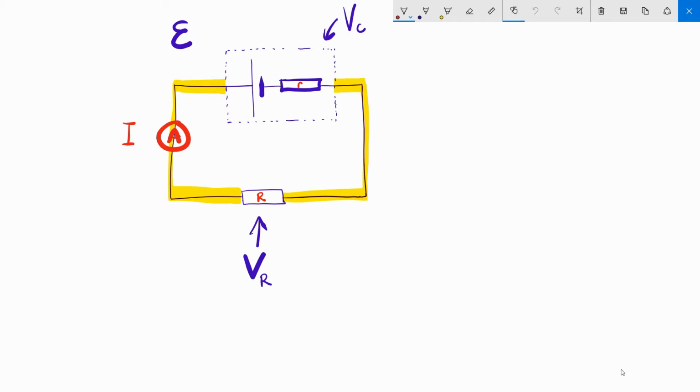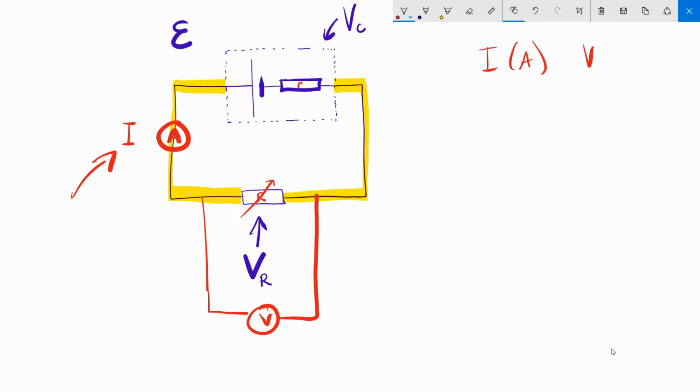Okay, so we're going to think about the experiment now, and in the experiment you're going to have a variable resistor instead of a normal one, and you are going to measure the current, and you're also going to measure the PD across the resistor. So we're going to have a results table for current and resistor PD.